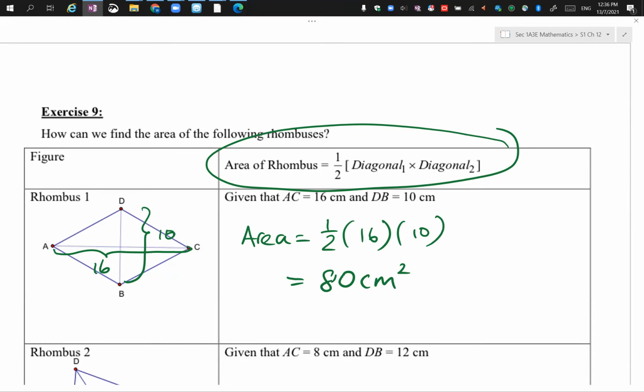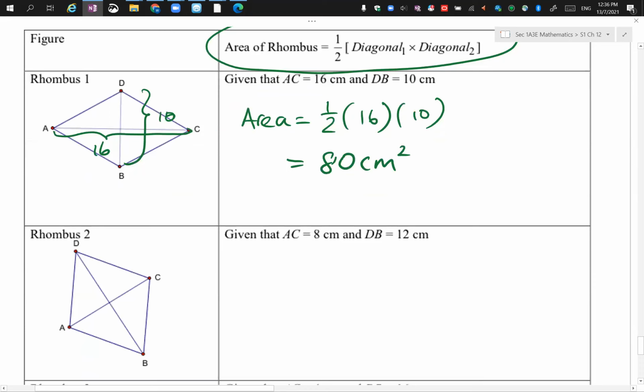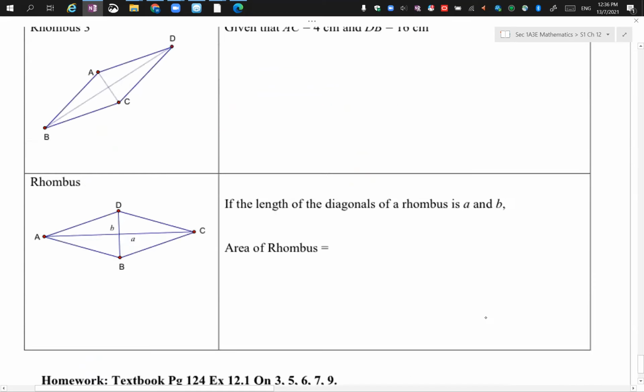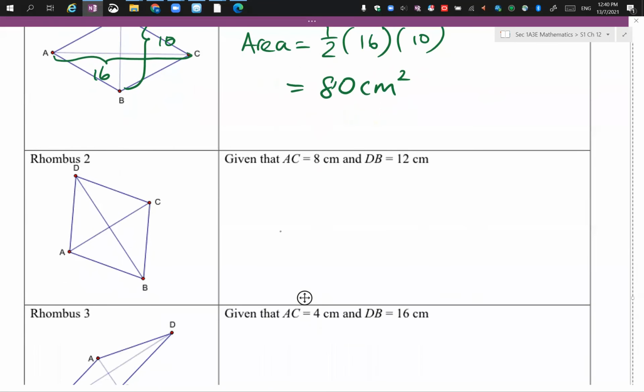Simple? Do you think you can do rhombus 2, 3, and the last one by yourself? Okay, do it now. 1 minute. I think 1 minute is enough. Okay, rhombus 2, what is the area?